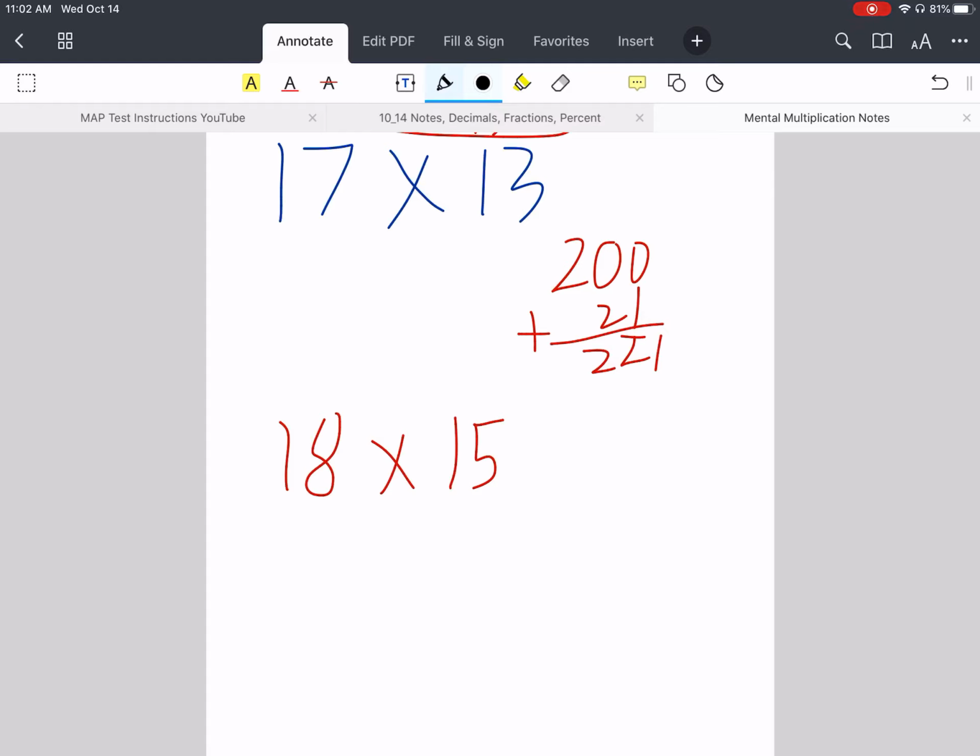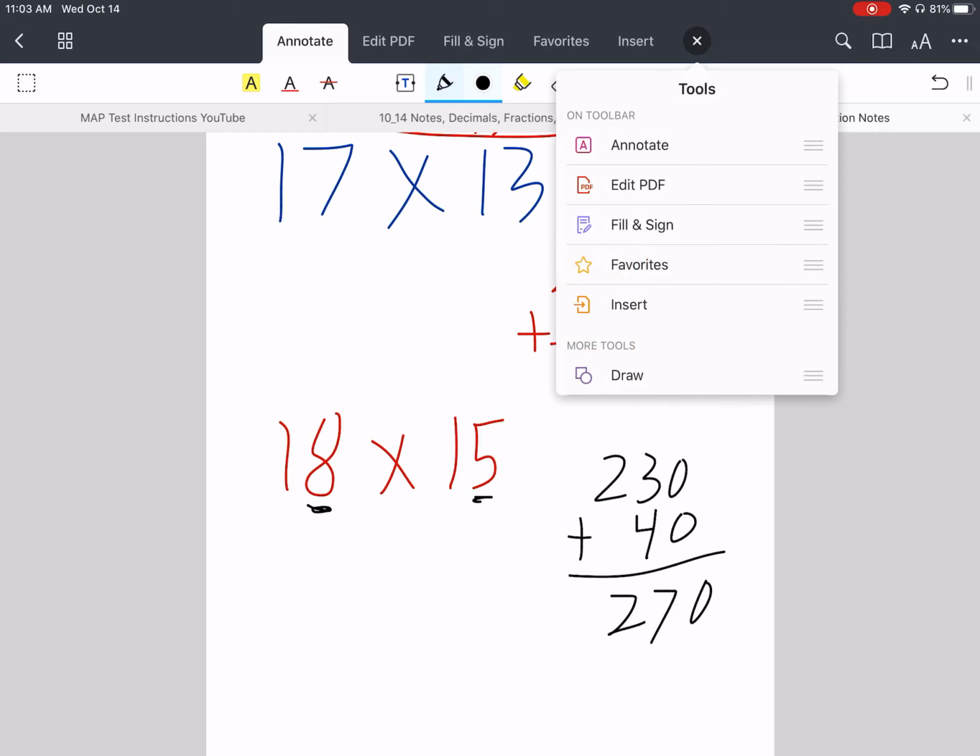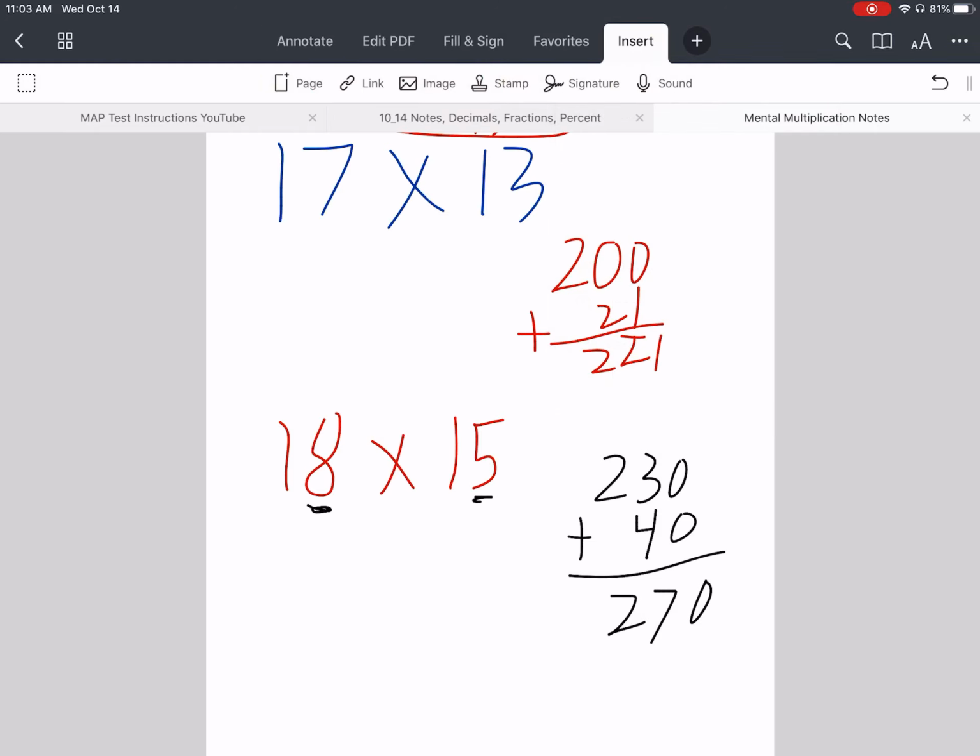So that'll be 230. And our two numbers are 8 and 5. 8 times 5 is 40. So that'll get us 270. Some of you might be able to start doing these on your own.